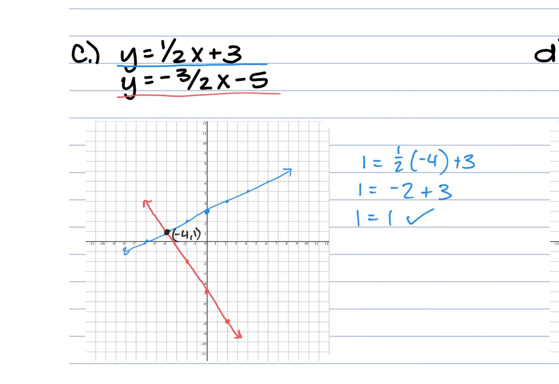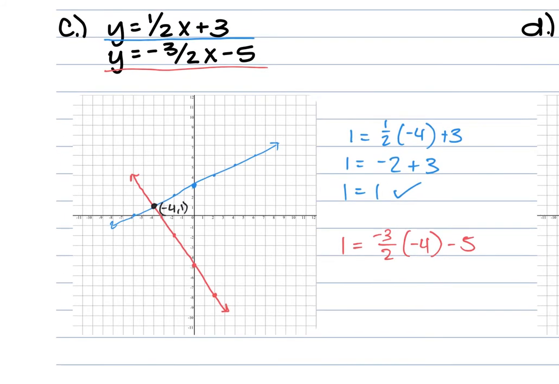And then the second one, you're going to put 1 for y and -4 for x, and you're going to have 1 equals -3/2 times -4 minus 5. When you multiply -3/2 times -4, you're going to get 6. So then 1 equals 6 minus 5, and 6 minus 5 is 1, so 1 equals 1. Beautiful. Zach and Janessa, excellent job, guys.